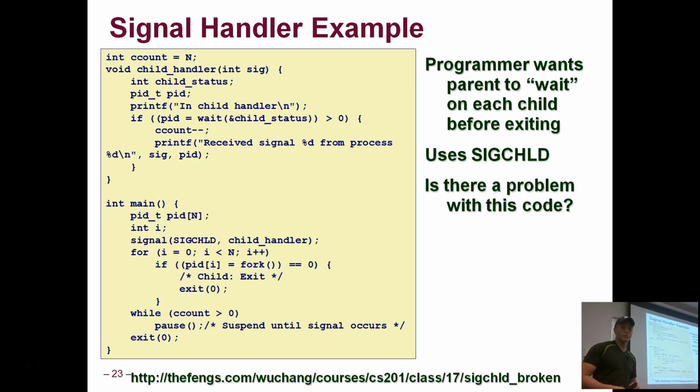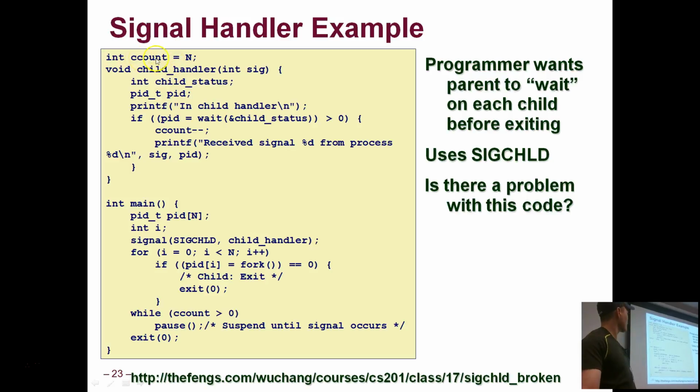So here's an example of doing exactly that. This is my parent. I'm going to install a SIGCHLD handler, and the SIGCHLD handler will wait on whatever children have finished, and then it will subtract a count.